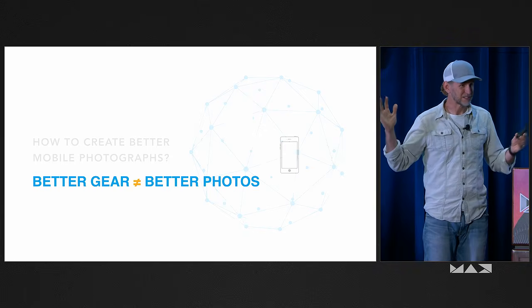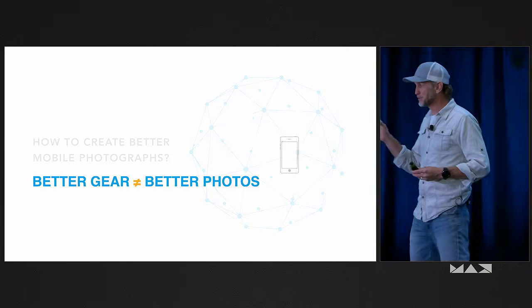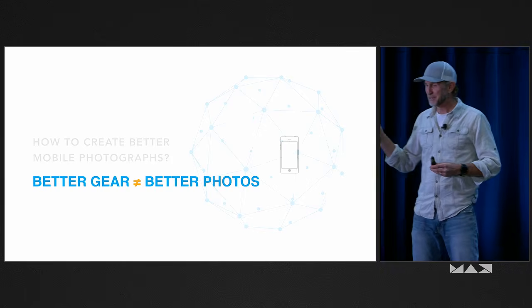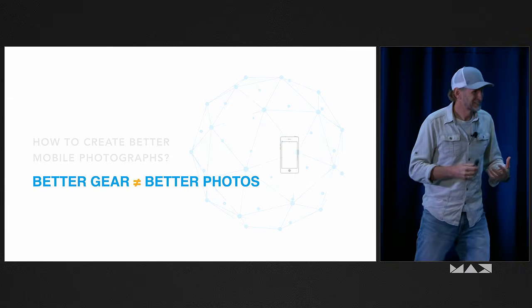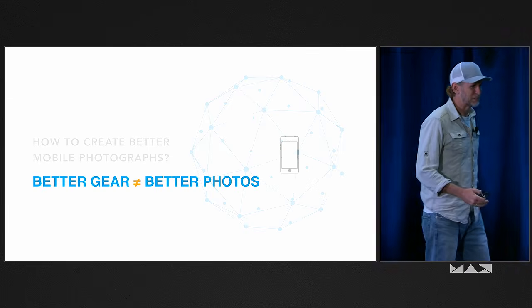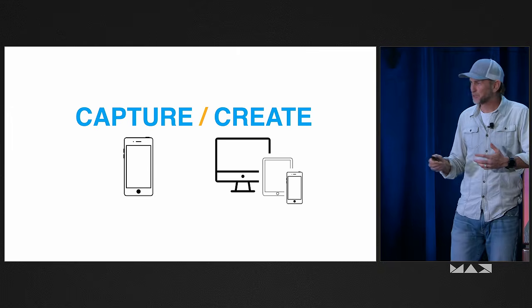Like world class, that are in museums and galleries and National Geographic. Like the cameras that we have now, they're good enough. So it's not really the camera's fault anymore, it's kind of ours. And that's where the fun comes in. And what I want to look at is how we can capture and create better photographs.